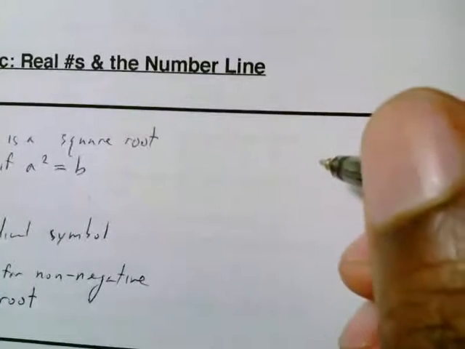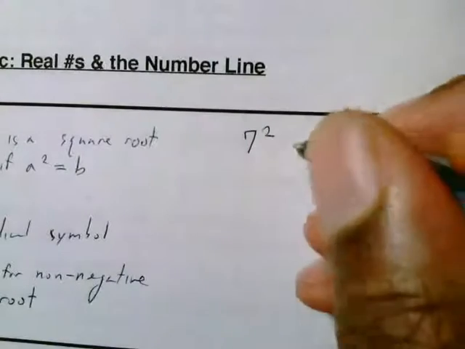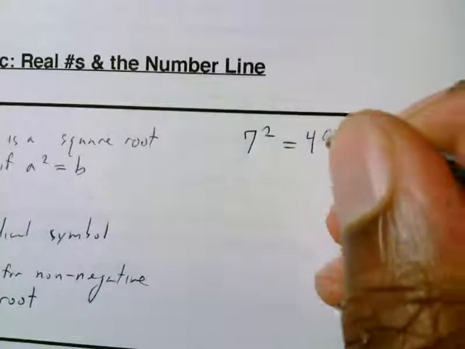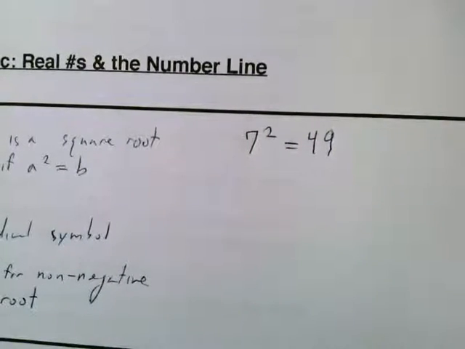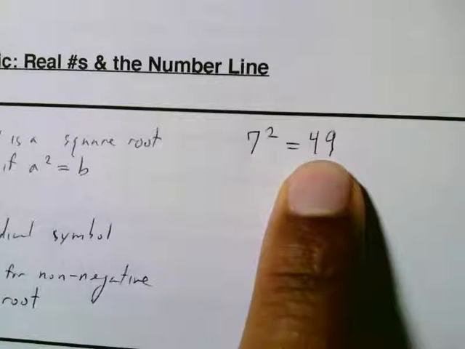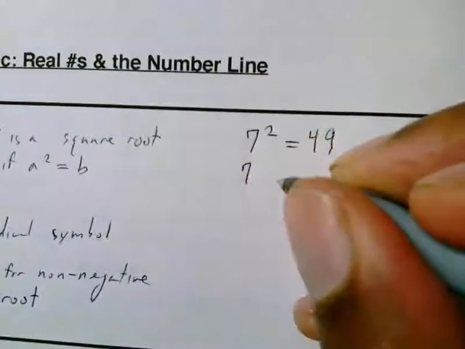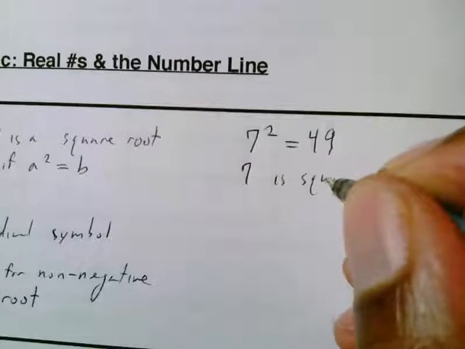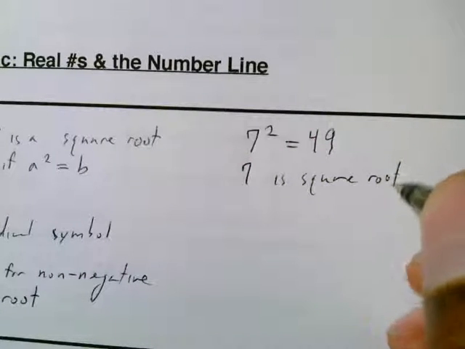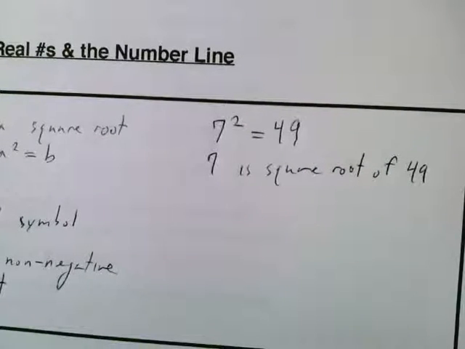We know that 7 squared is 49, right? Because it's 7 times 7. So because a number squared, 7 squared, is 49, that means 7 is the square root of 49. And it works for a lot of numbers, which you guys are probably aware of.